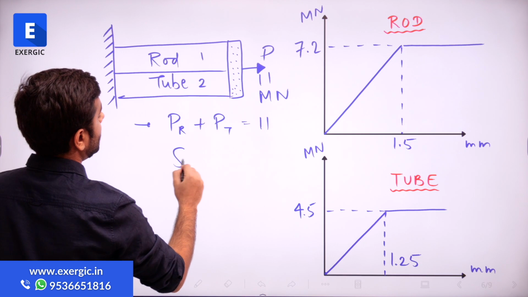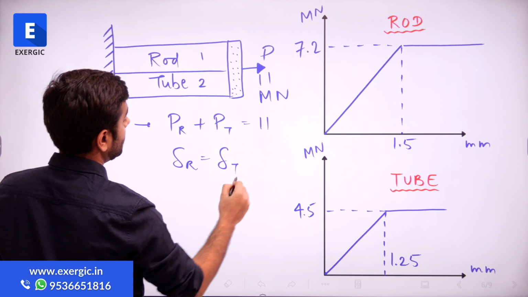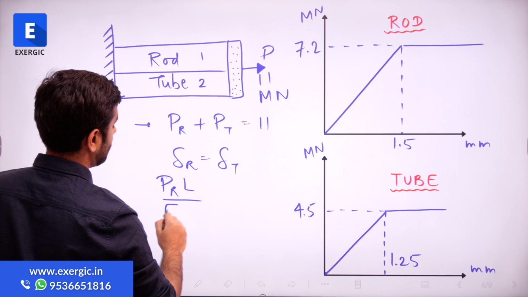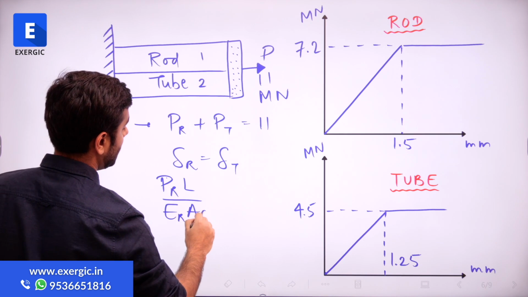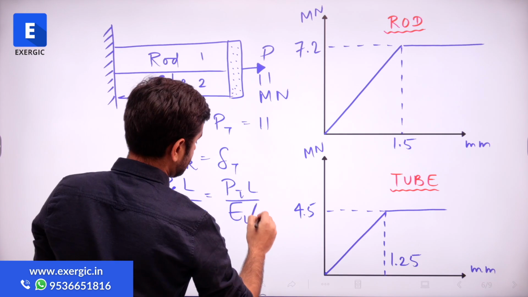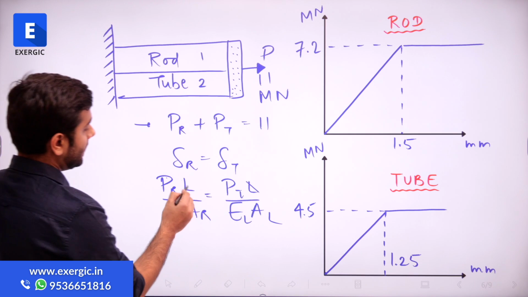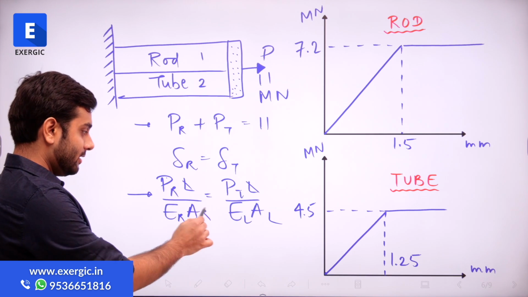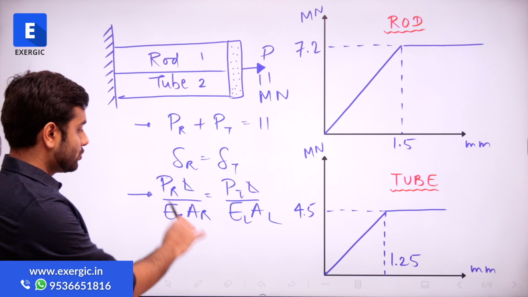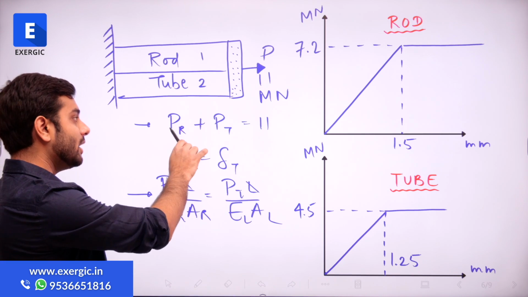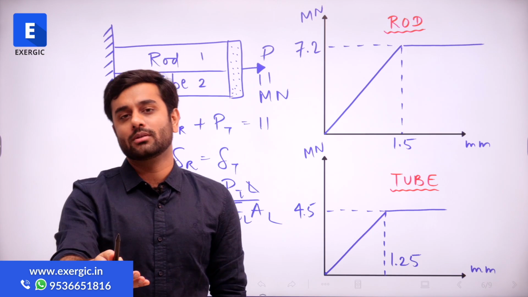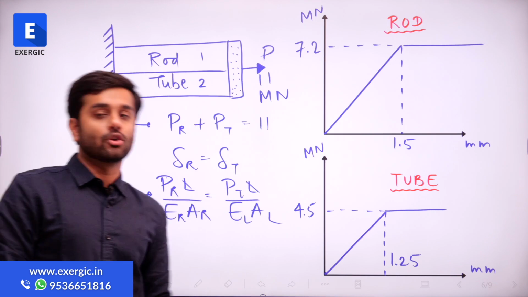So del will be the same, which is equal to PL by EA. L is the same for both of them, so L and L will get cancelled. In this expression, EA for both of them are known to us. So PR and PT are the only unknowns. Here also PR and PT are the only unknowns. You may think two unknowns, we can solve it, but you cannot solve it.